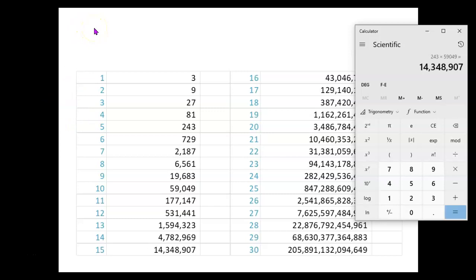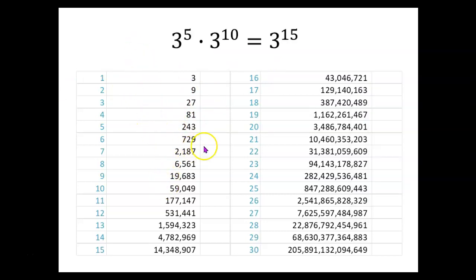Okay, the reason this works and what's special about these numbers is that they are all powers of 3. You've got 3 to the first power, 3 to the second power, 3 to the third power, and so on. So when I multiplied together the 5th and 10th numbers on the list, I was multiplying together 3 to the 5th power times 3 to the 10th power.